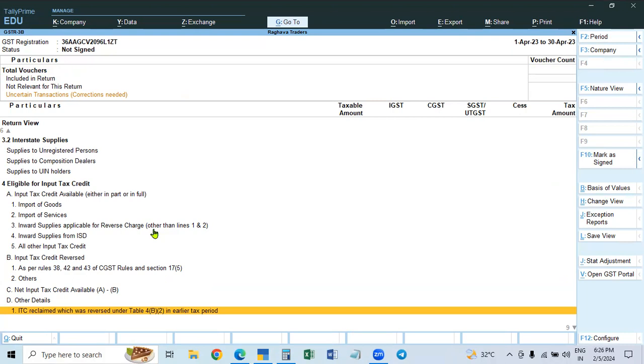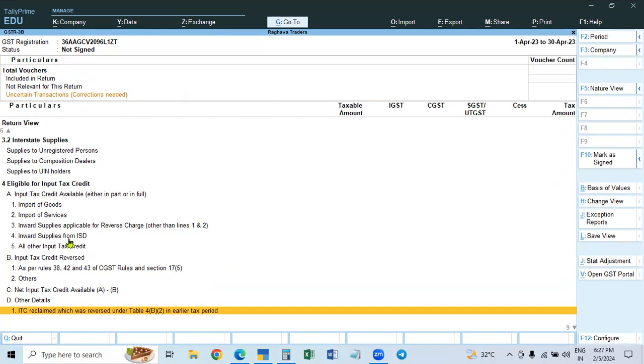They will file GSTR 1. From that, we get our purchases, that is our ITC, auto-populated into GSTR 2B. From 2B, it will be auto-populated into GSTR 3B.